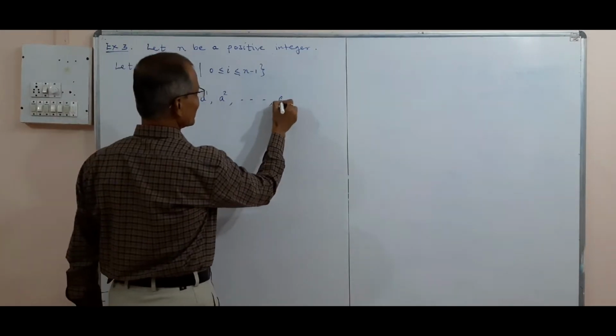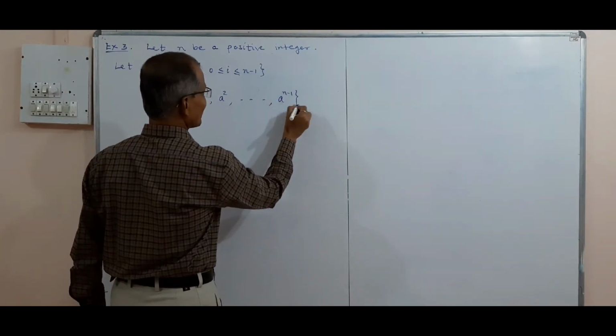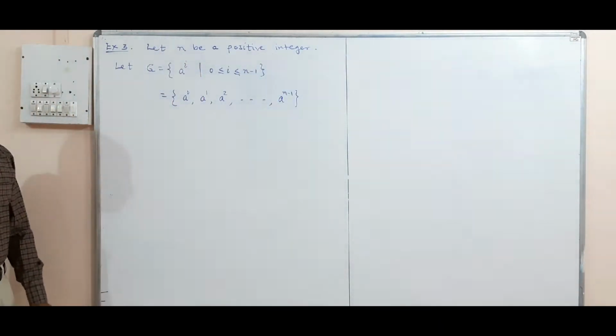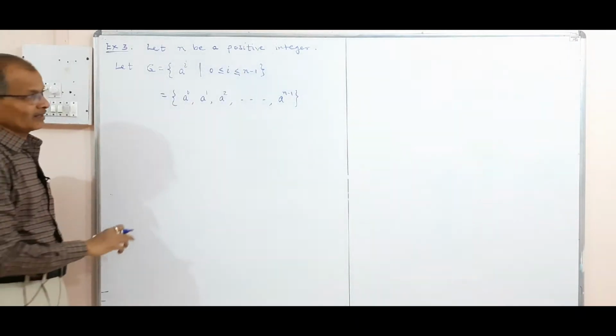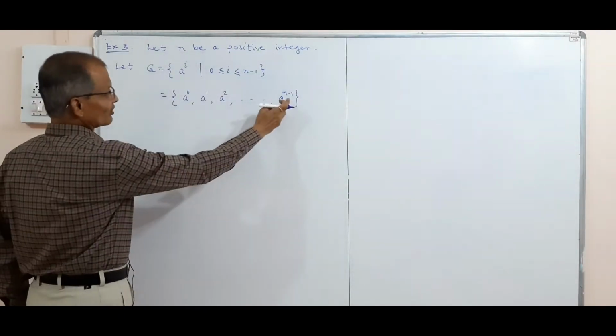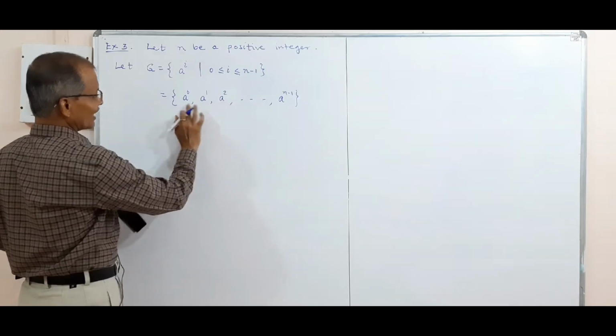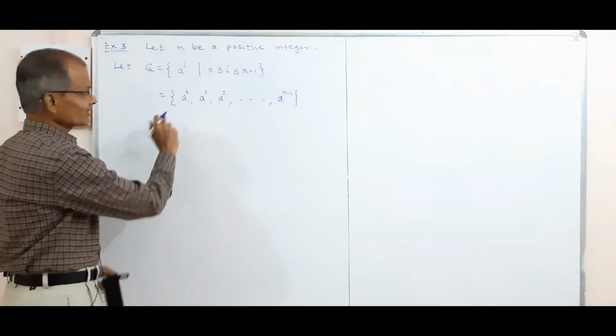The last will be a raised to n minus 1. So how many elements are in G? There are exactly n elements. 1 to n minus 1, these are n minus 1, and this is 1. So n elements are there.